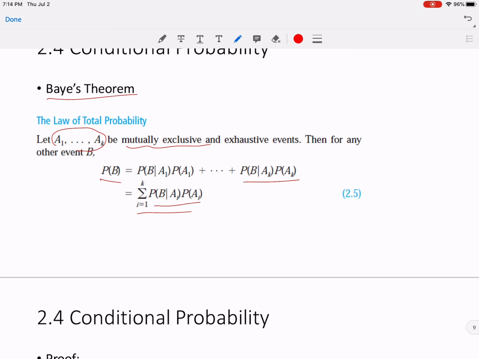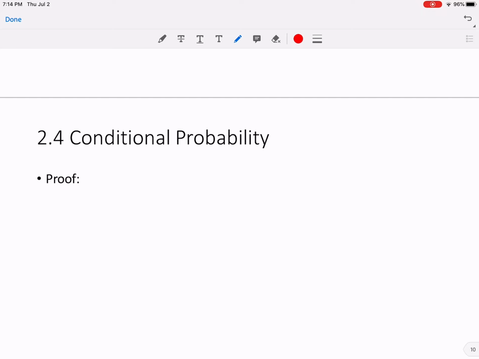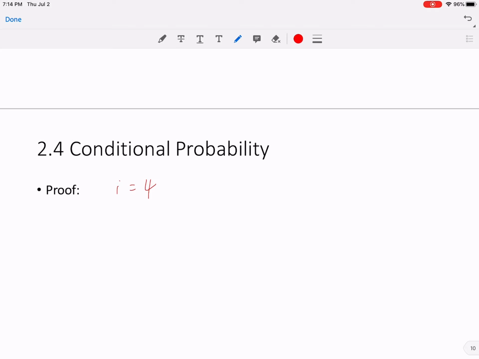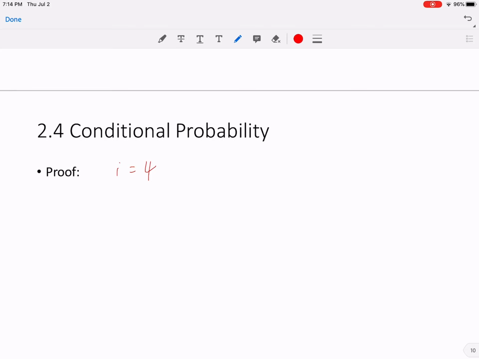So for example, let's say K is equal to 4. Of course, K could be any number greater than 1, so let's just prove it when K is equal to 4, okay? What I would do first is draw a picture.